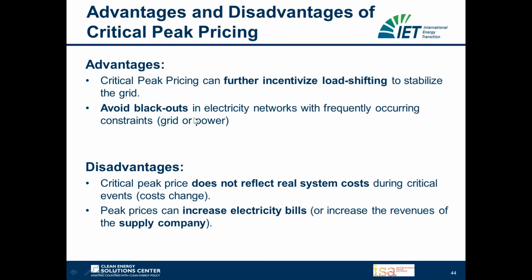Critical peak pricing is a further incentive for load shifting, mainly to stabilize grids. So when you come from a jurisdiction where you frequently are facing brownouts or blackouts, or where you're always behind with grid expansion in order to meet new demands, this might actually be a very useful pricing methodology also to avoid blackouts, because this way you can give very clear price signals on when the electricity grid is very unstable.